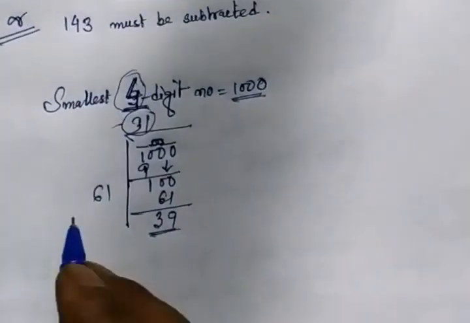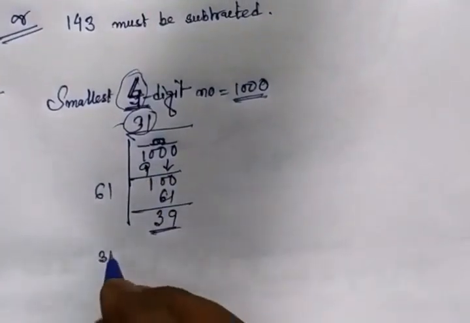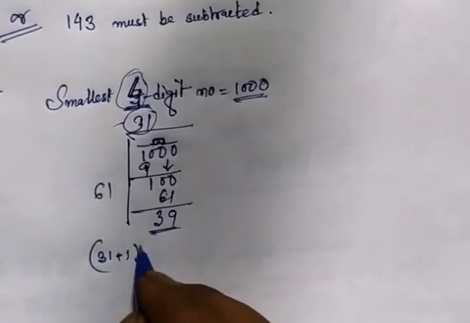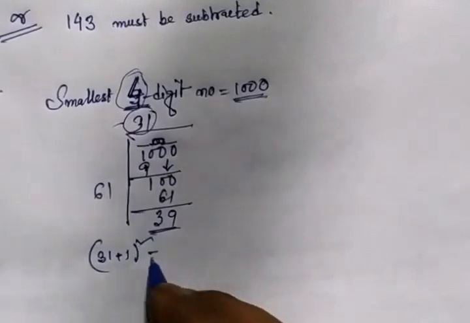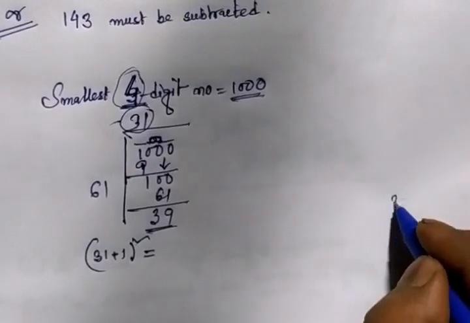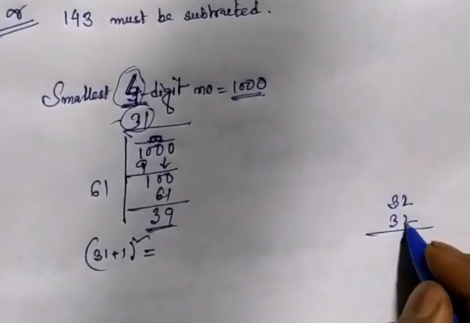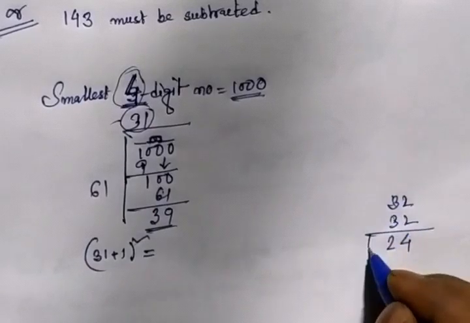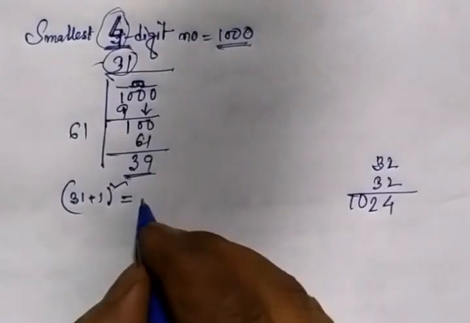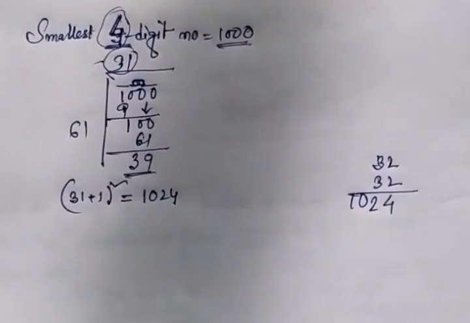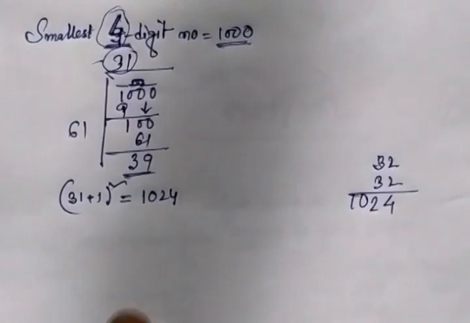That means the required number is 31 plus 1, which is 32 squared. So 32 times 32 is 1024. So the smallest 4-digit perfect square number is 1024.